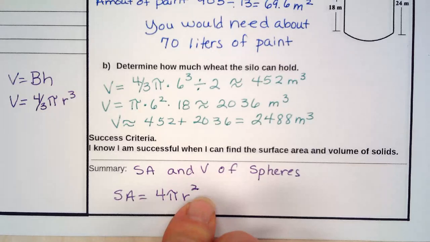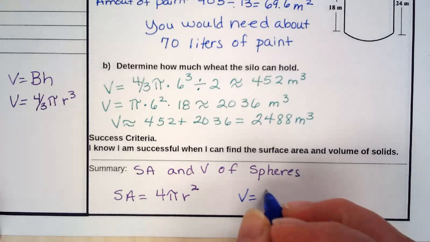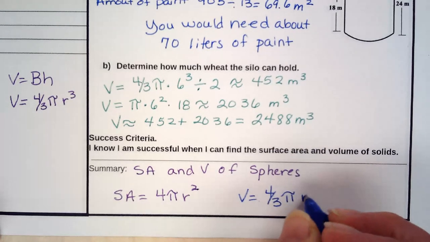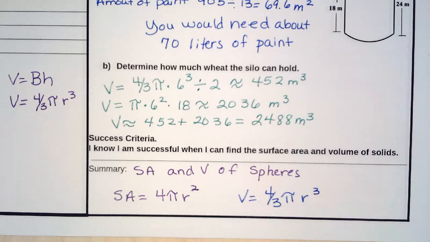Remember, your area is squared. For your volume, it is 4/3 pi r raised to the third power. Volume is in units cubed. So hopefully this has been helpful.